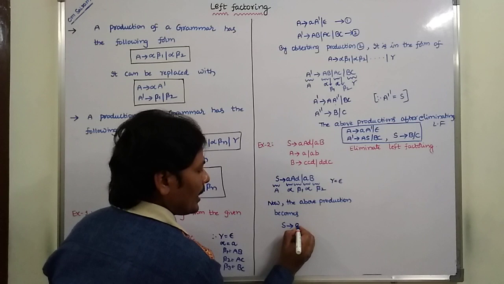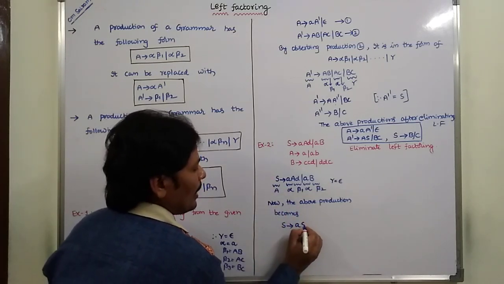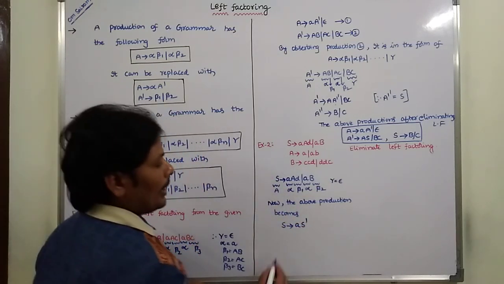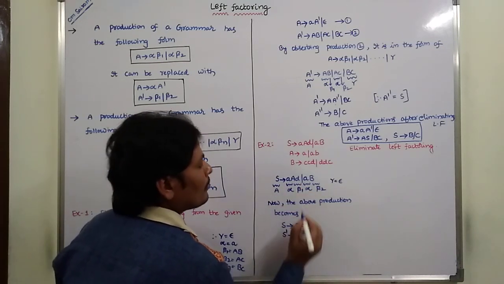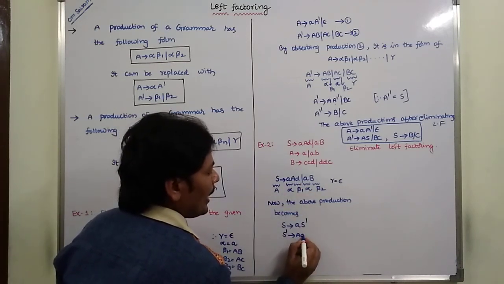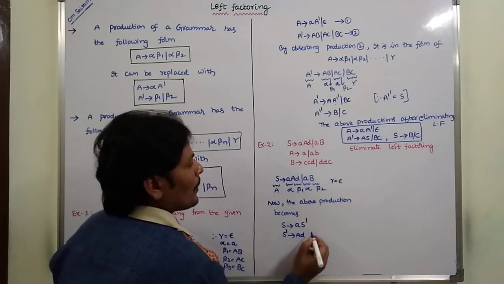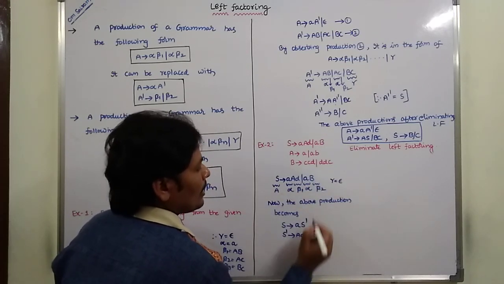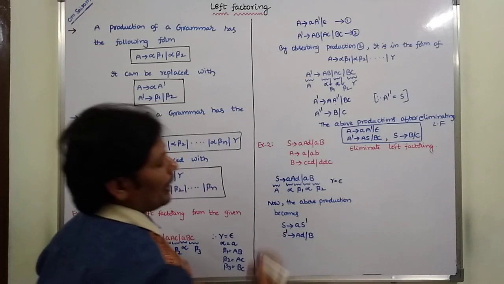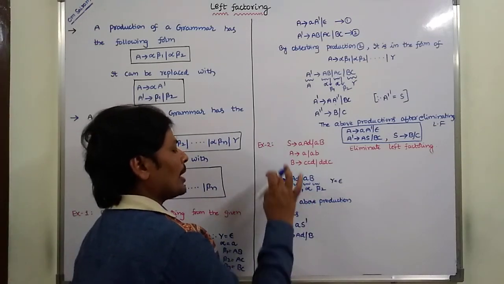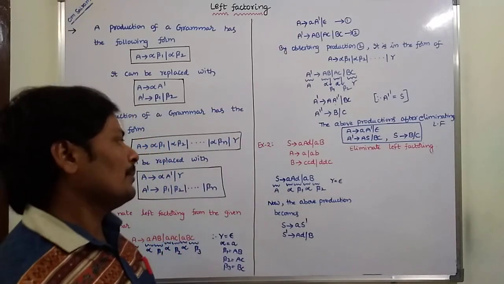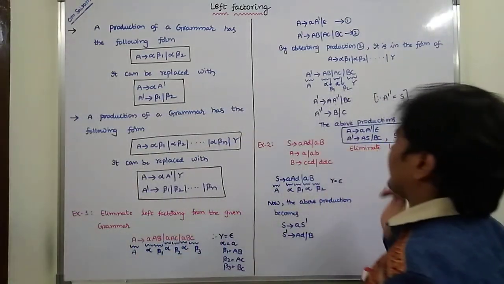Alpha is nothing but small a, A dash is nothing but S dash. Okay. Now S dash tends to beta 1. Beta 1 is AD by beta 2, which is nothing but B. Okay. So after eliminating the left factoring, this production becomes this one. Okay. Now go for the second one.